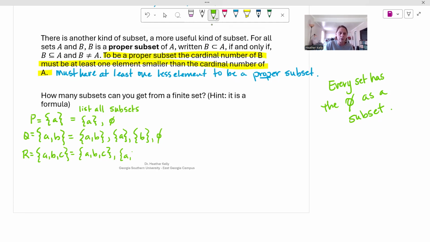So we're going to go A, B; A, C; B, C. Then we've got our single terms: A, B, and C. And we've got our empty set. Now, we can do this again with four variables.